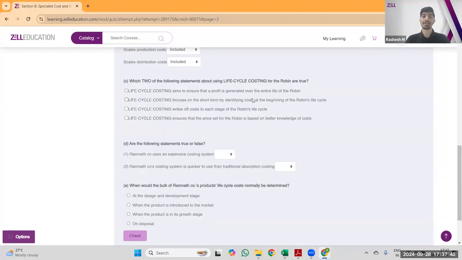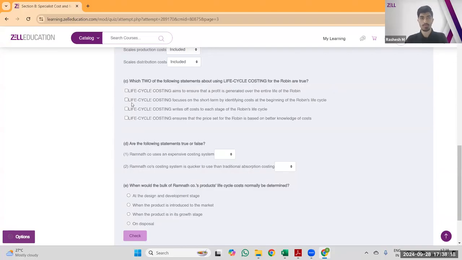Which two of the following statements about life cycle costing for the Robin are true? Life cycle costing aims to ensure that a profit is generated over the entire life of Robin. True or false? Generated over the entire life, yes, not throughout the life.